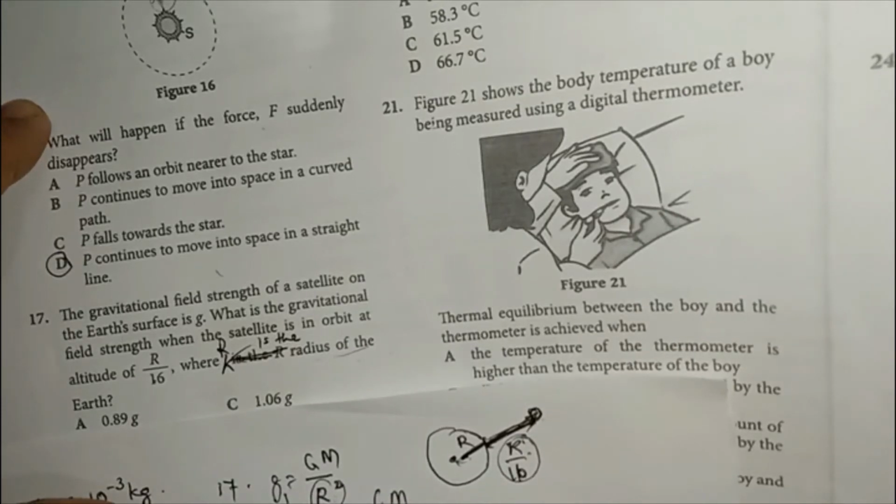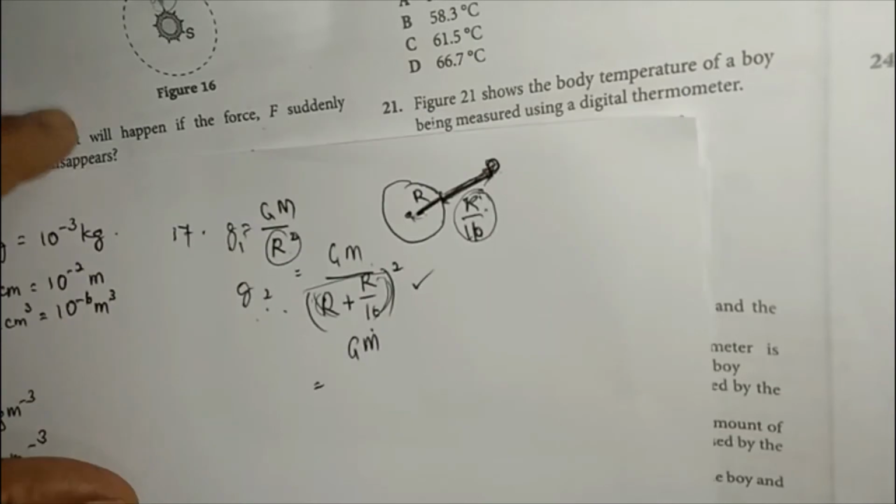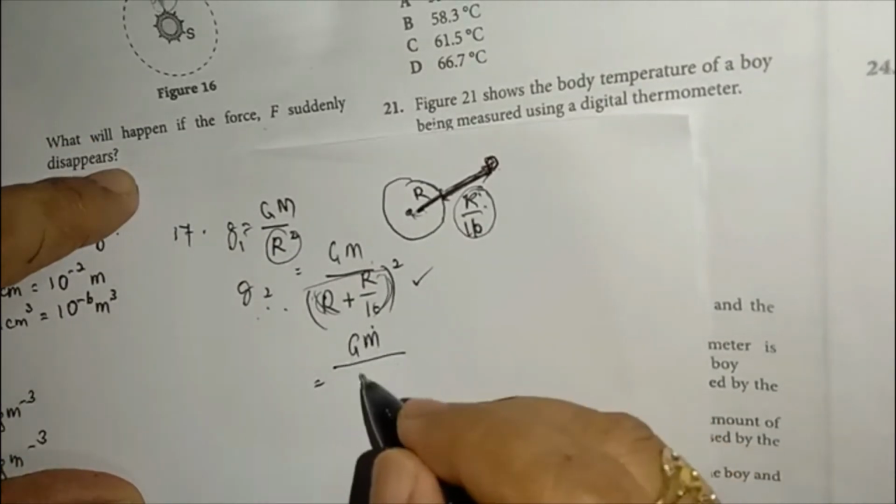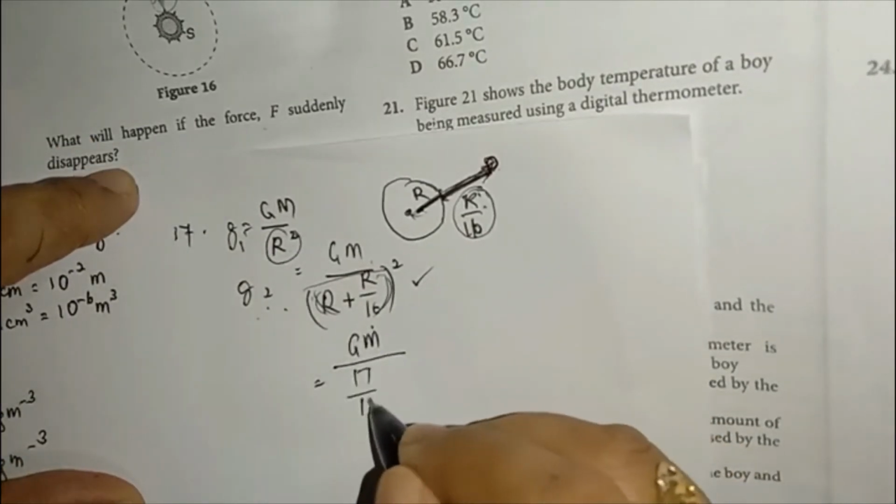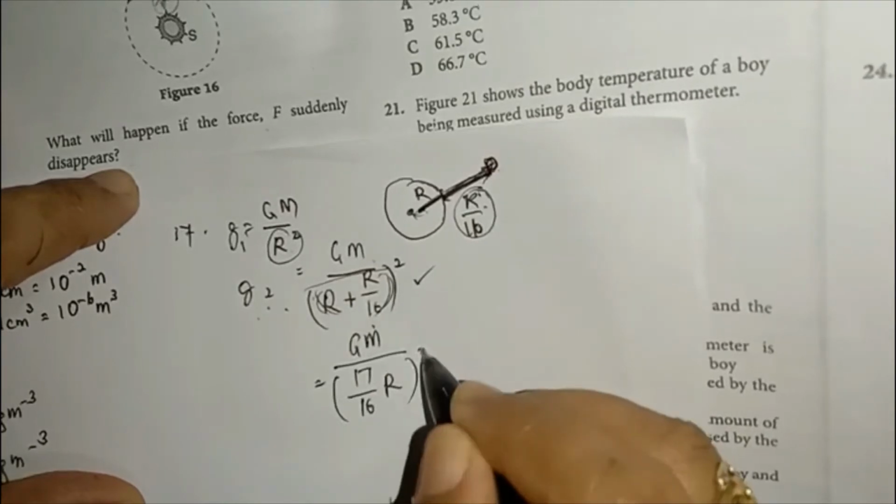So here equals GM over 17 over 16 R squared.